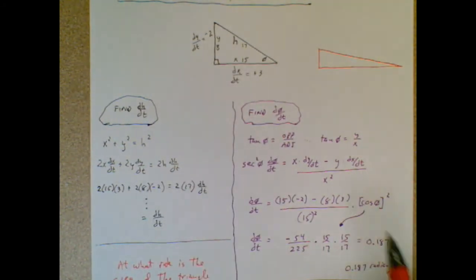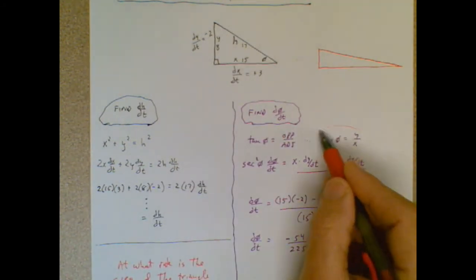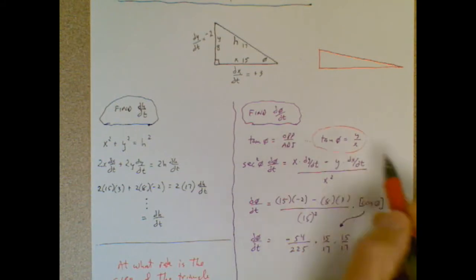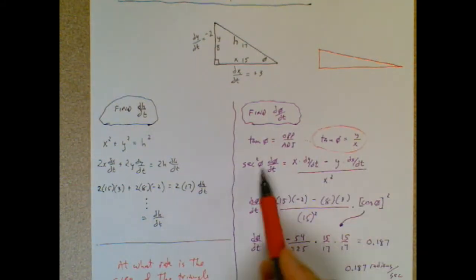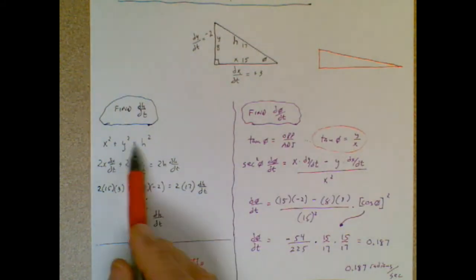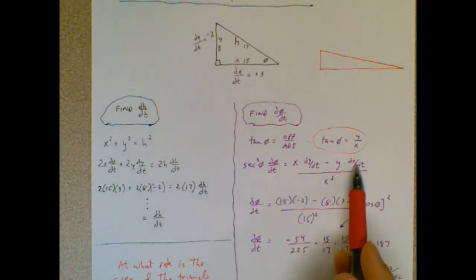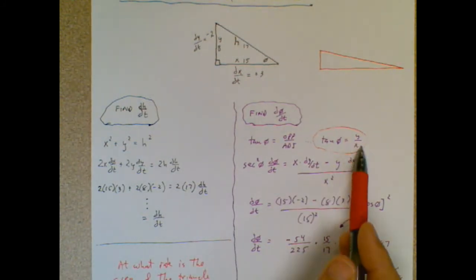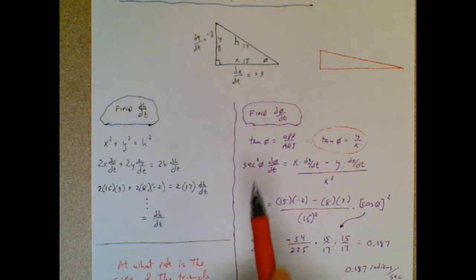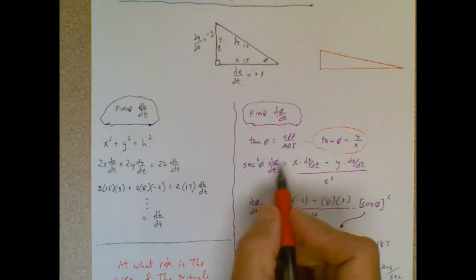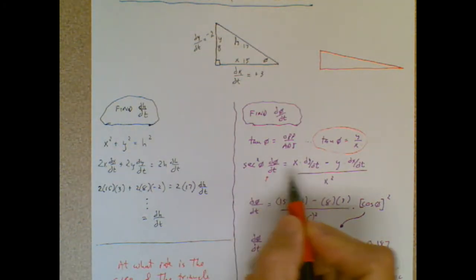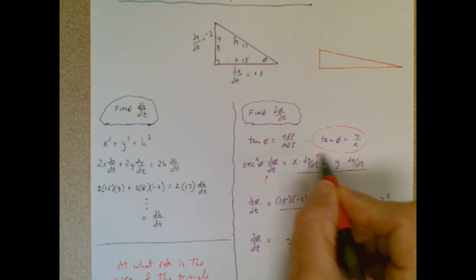y over x. So I take this equation from my math past, and I take its derivative with respect to time, just like I did over here, except this derivative is uglier. We've got quotient rule with this part, and the derivative of tangent is secant squared. Notice, though, that all these little symbols must be honored.